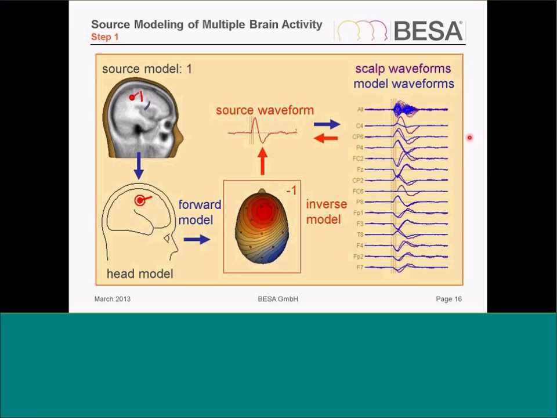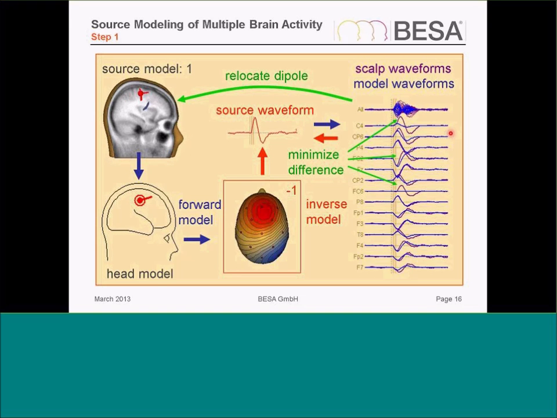So now I can make a prediction on if this was my correct source position, what would I have measured on my scalp? And then I can look at the difference between the model waveforms and the measured scalp waveforms, and I can relocate the dipole and go through this whole process again until I get the best match between my model waveforms and the scalp waveforms in this fitting interval.